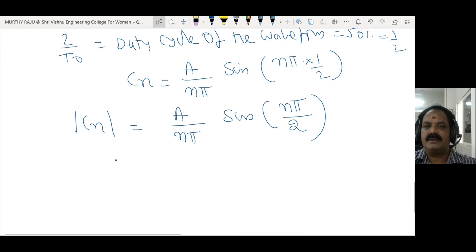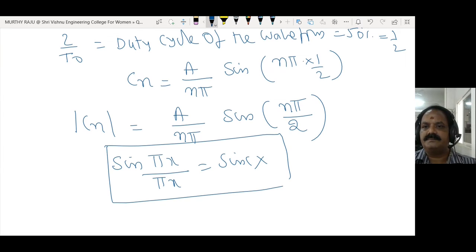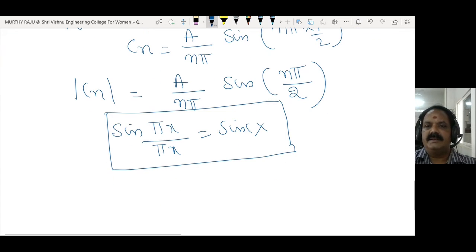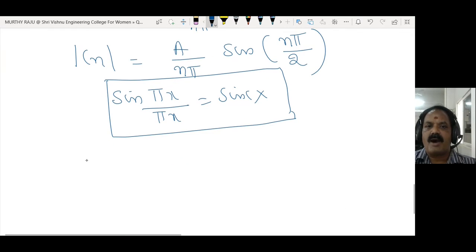We know that the sinc function is sin pi x by pi x, which is sinc x. See the sinc function. Here mod Cn is A by n pi sin n pi by 2. Here n pi is there, but the 2 is not there.